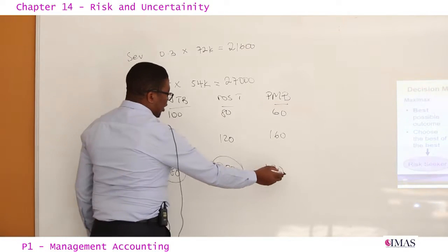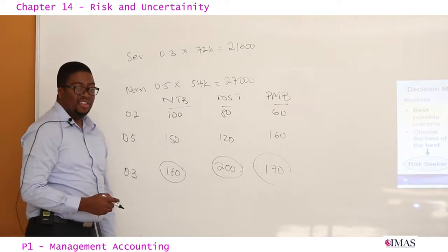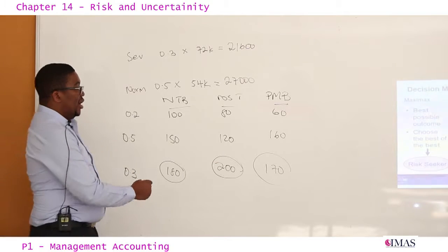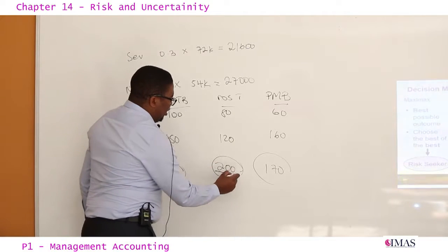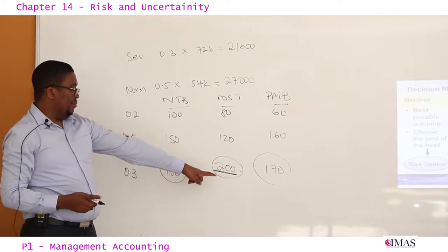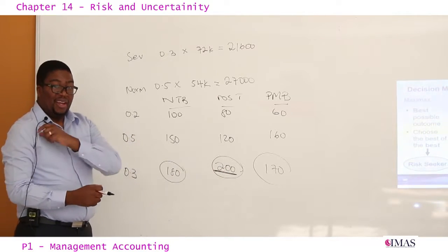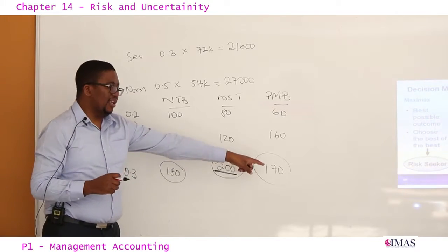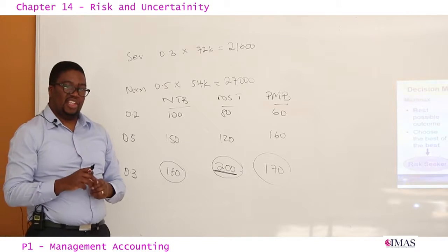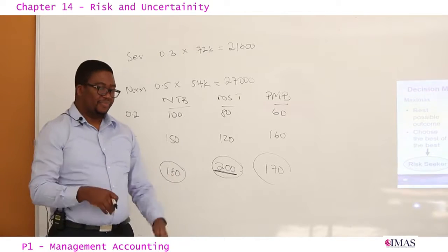In Pietermaritzburg, the best option is 170. He's going to look at the best of the best, which means a risk seeker will be targeting Nelspruit because it's likely to give him 200 students. That is the best out of the three best options available to a risk seeker. Are you guys with me?